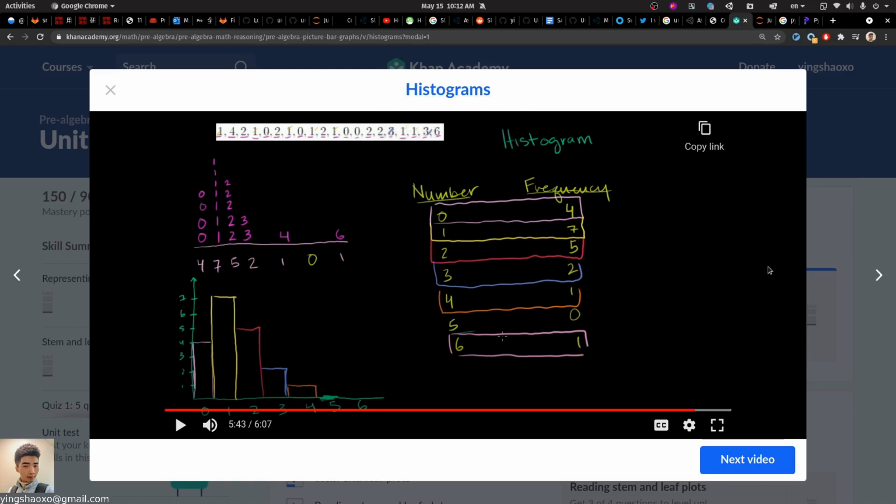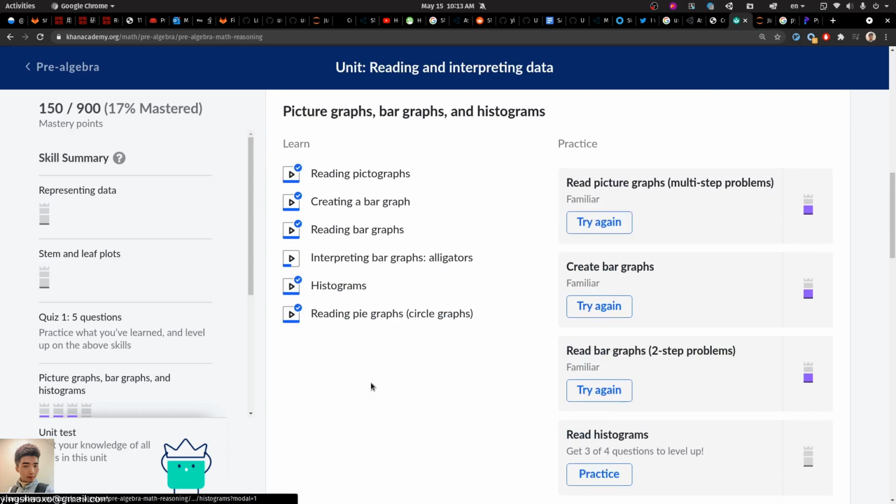But for now, I got the idea. It's just a fancy word for a bar graph that represents each data point's frequency inside of a data set. It shows the frequency in a graphic way. Okay, that's a histogram. It's a very nice video for the introduction of this word.